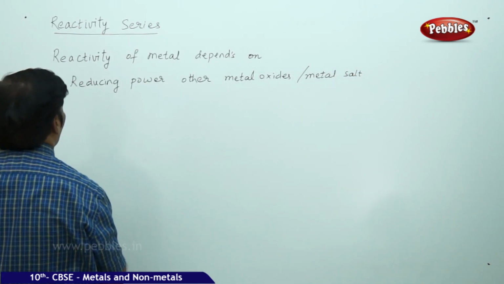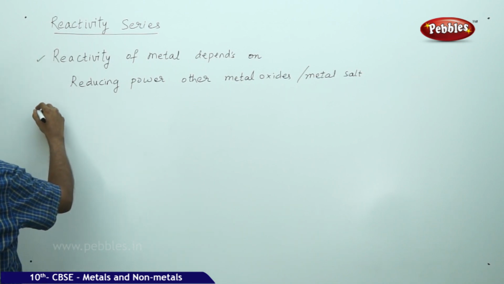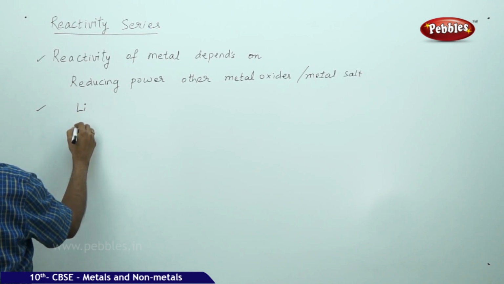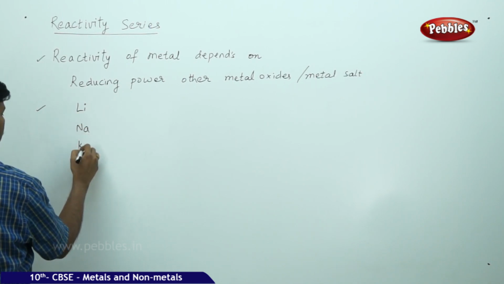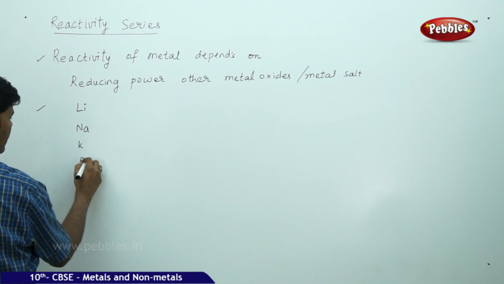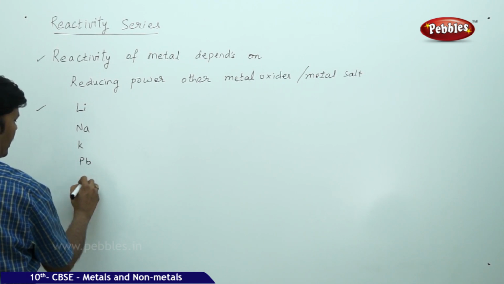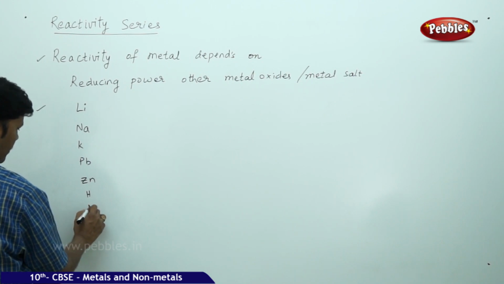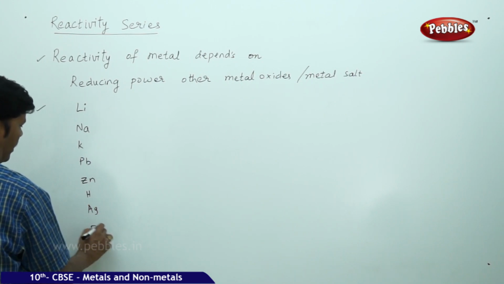Metal salts. So here for example, if we take the reactivity series: lithium, sodium, potassium, then you can take lead, zinc, hydrogen, then silver, iron, and so on.